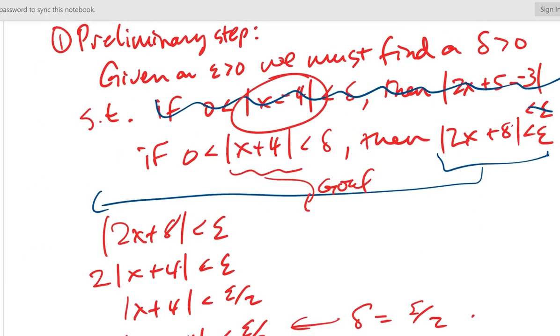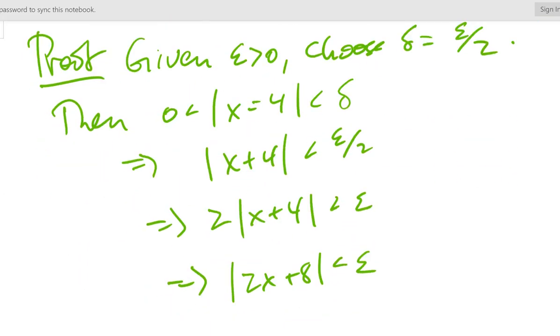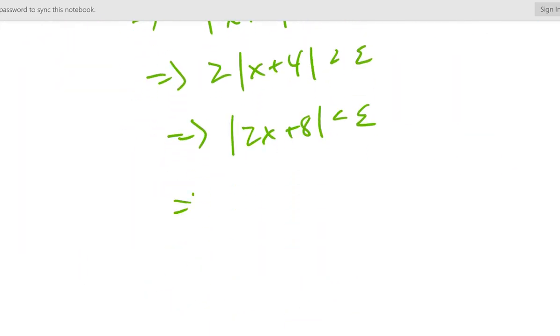Now, what was the original? 2x plus 5 minus minus 3. So this implies then that |2x + 5 - (-3)| is less than epsilon, and then we're done.